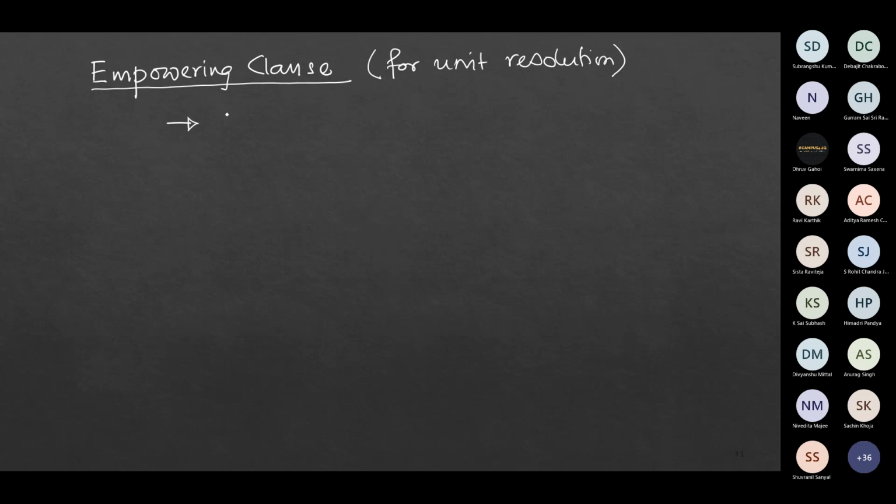These empowering clauses are the clauses that are implied by delta, but they are not explicitly there in delta. So these empowering clauses are present implicitly. As they are present implicitly, they do not participate in the inference procedure.